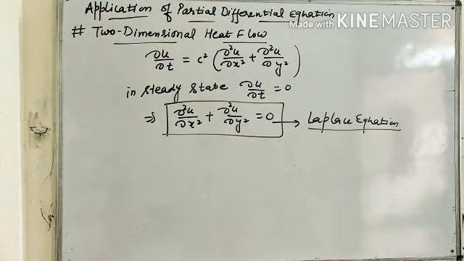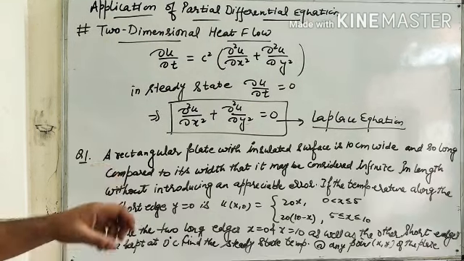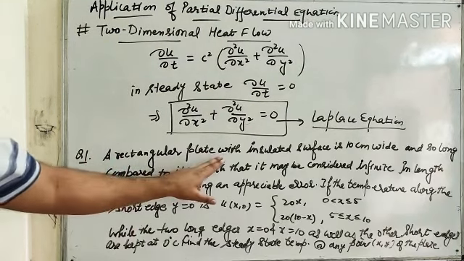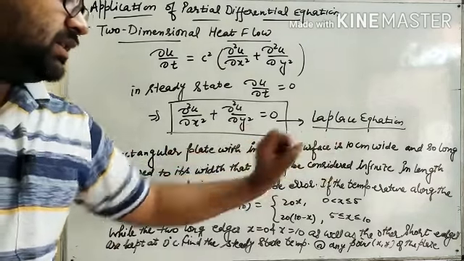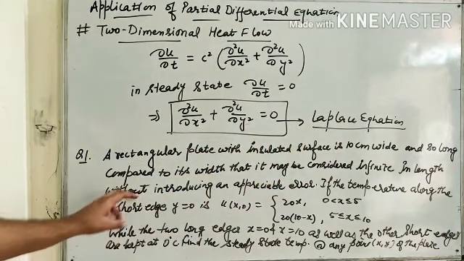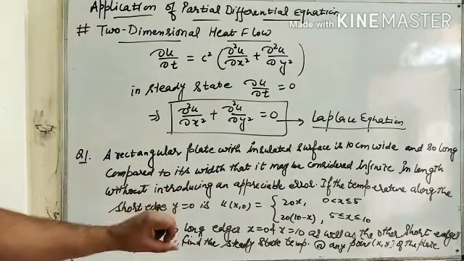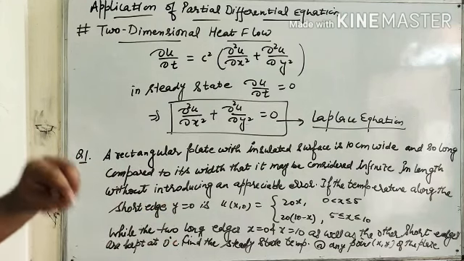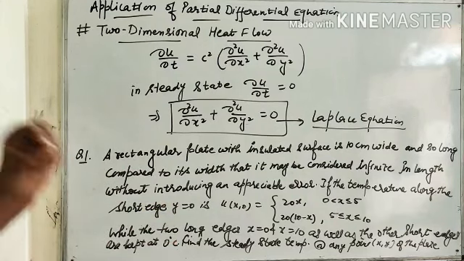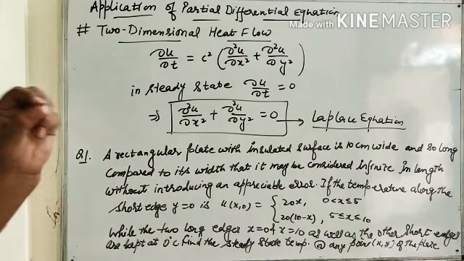Now we will study a problem based on this particular phenomena. The first question is, a rectangular plate with insulated surface is 10 cm wide and so long compared to its width that it may be considered infinite in length without introducing an appreciable error.